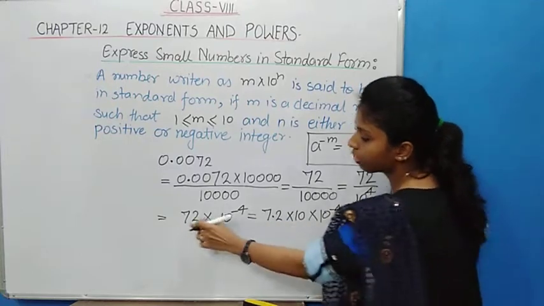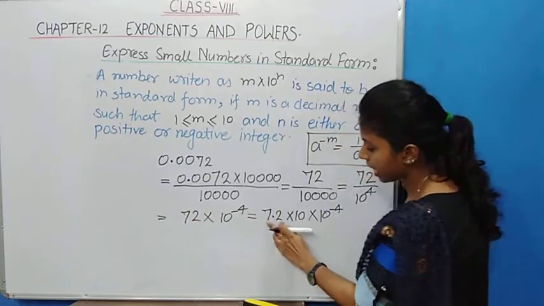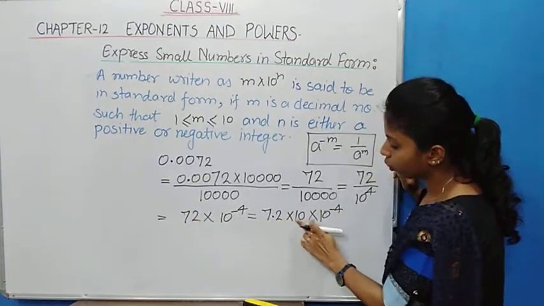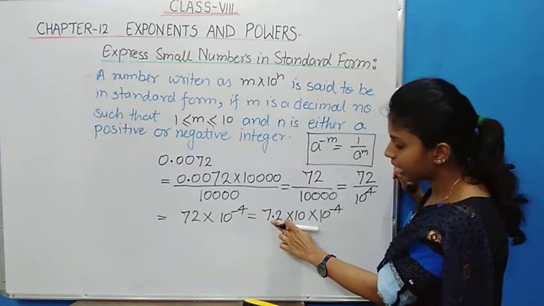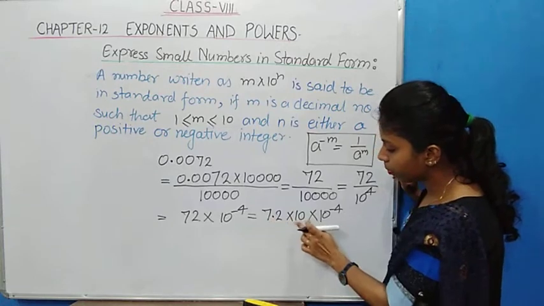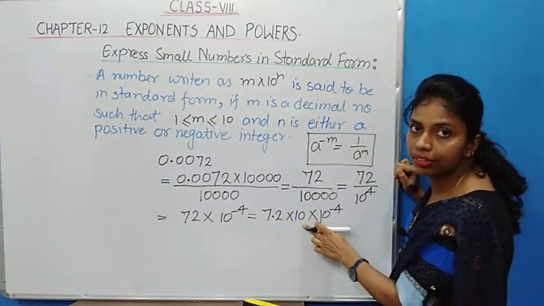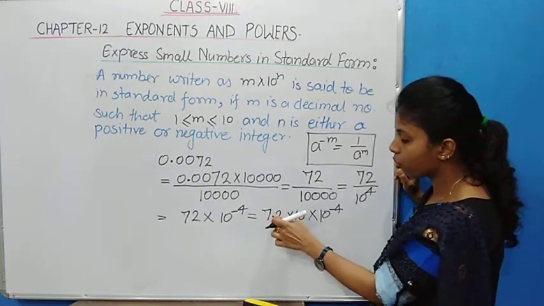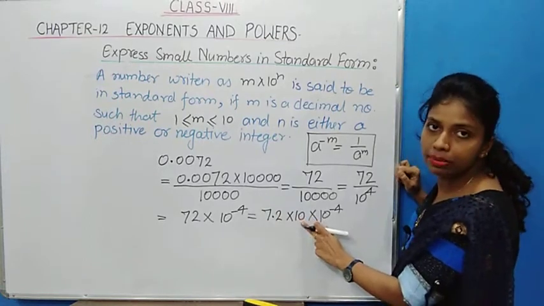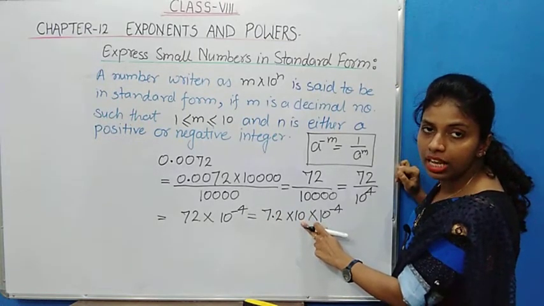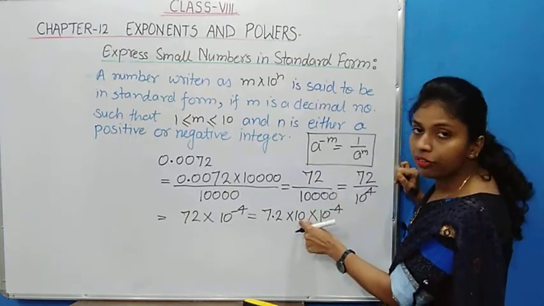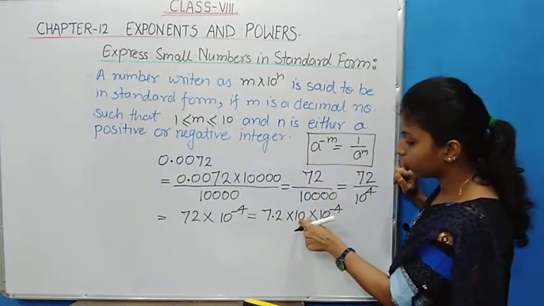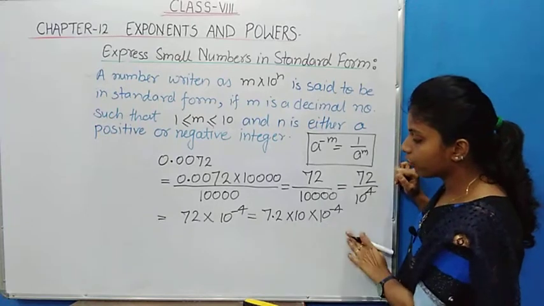So we convert this 72 as 7.2 into 10. We add this point ourselves to manage this. We multiply with 10 because we put the decimal before one number, so that's why I'm taking here 10 only. If I put the decimal before two numbers, we have to multiply with 100. So this is how we will do it.